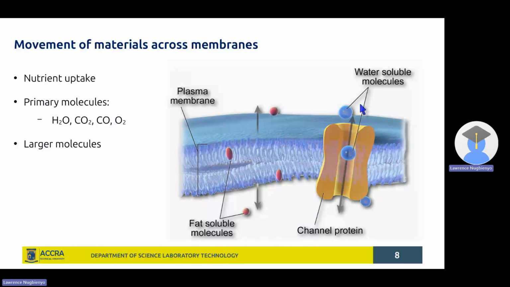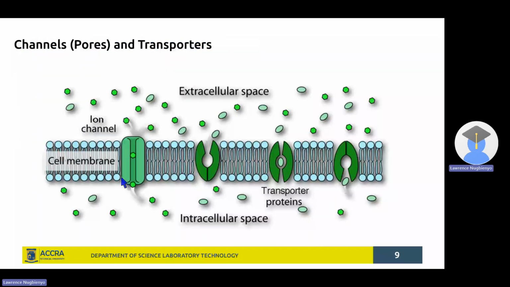Now, you do have what we refer to as channel pores. These are transmembrane proteins responsible for the transport of ions across the cell. So that's an ion channel or pore that has some sort of a pore within the transmembrane protein through which you can have substances moving from, say, above it.